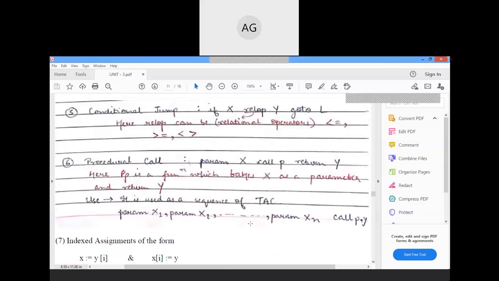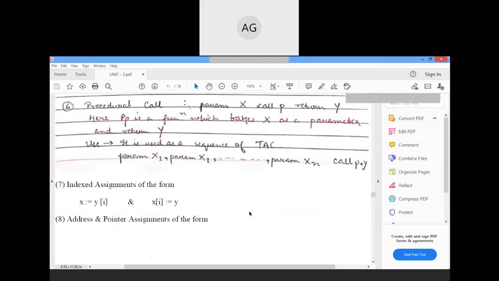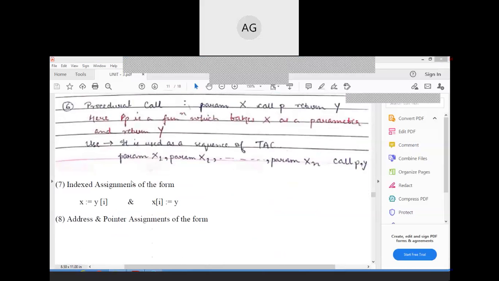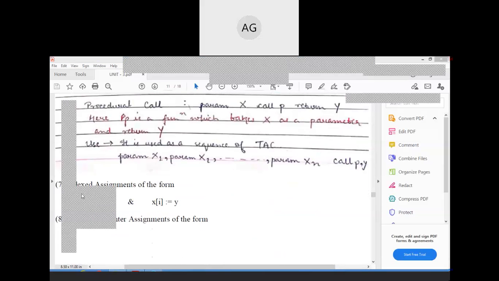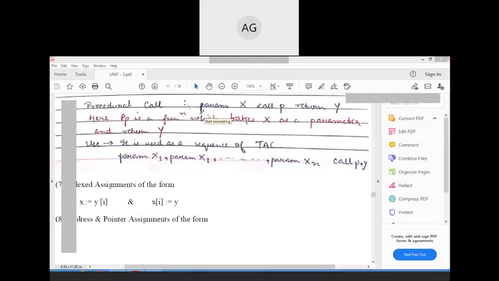Now, other statements are also there. The sixth statement is the procedure call. Here we have a special type of statement in three address code. We can write it as param x, call p, return y. This is the general form of the procedure statement. Param x means the x statement, then call p, and then return the y statement.